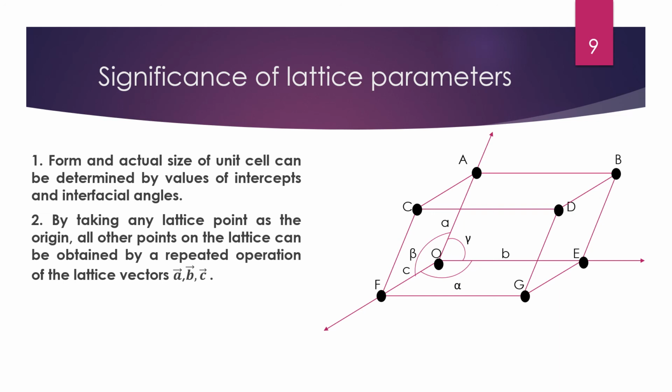Second, by taking any lattice point as the origin, all other points on the lattice can be obtained by repeated operation of lattice vectors A, B, and C. If we take any lattice point as our reference point, then with the help of these 6 lattice parameters, we can easily construct the crystal structure.